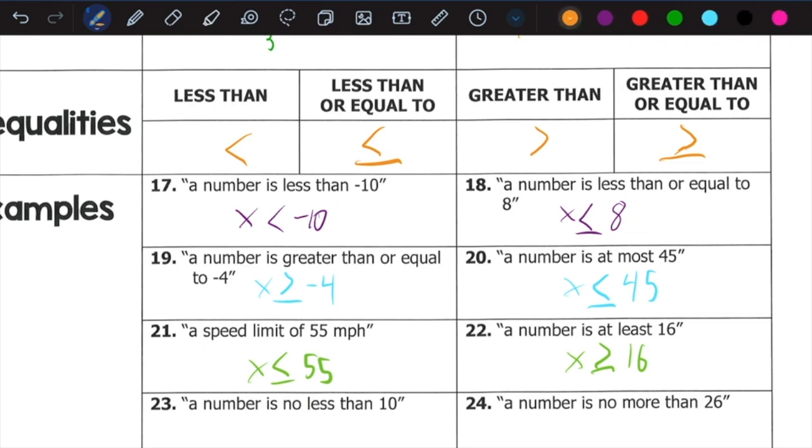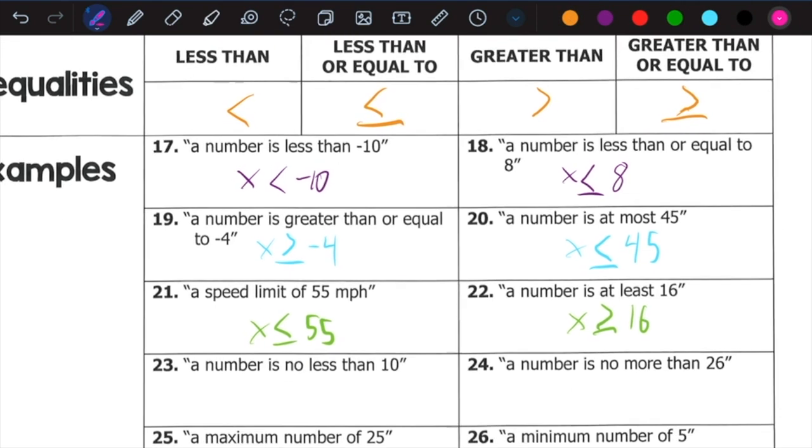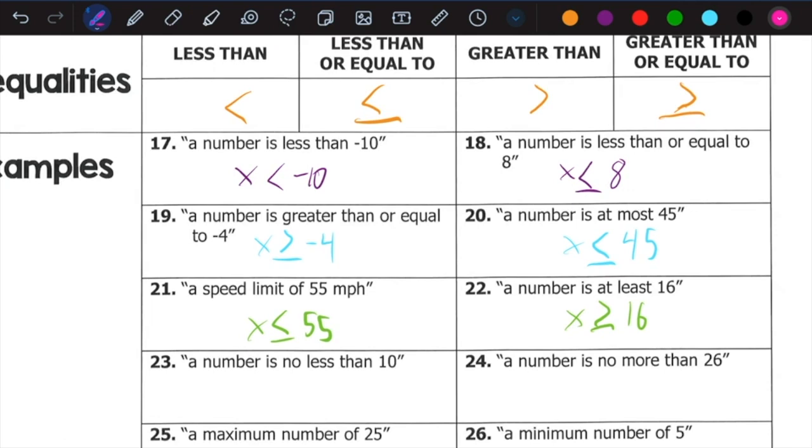Number 23, a number is no less than 10. A number is no less than 10. So we see less than, and we're like, oh, it'd be a less than symbol. But not quite. We have to read in the context. A number is no less than 10, meaning the lowest number we're okay with is 10, or we're okay with more. So that's greater than or equal to, actually.